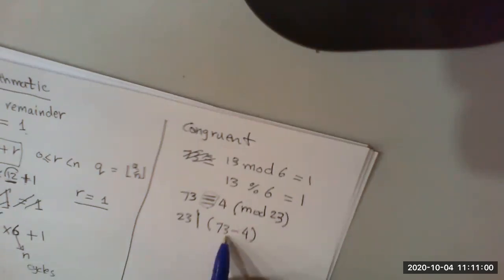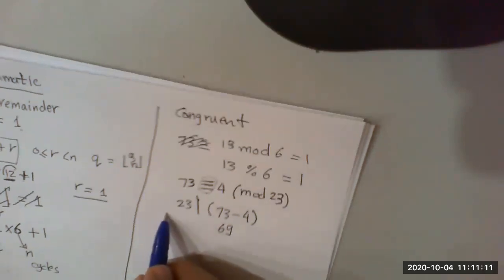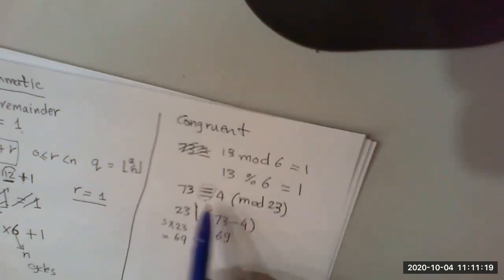If you see, this is 73 minus 4, and if you multiply 3 by 23, it is going to give me 69. This is congruent.